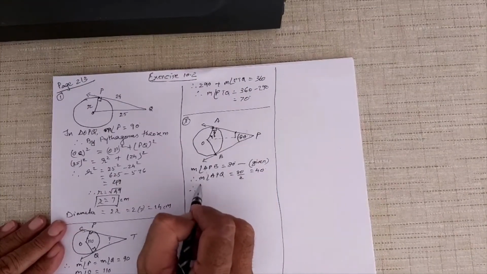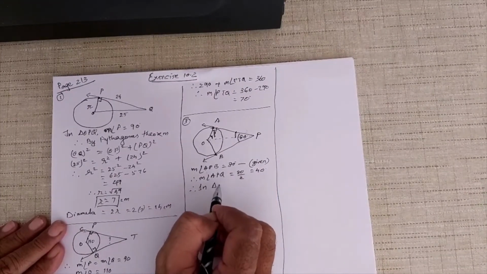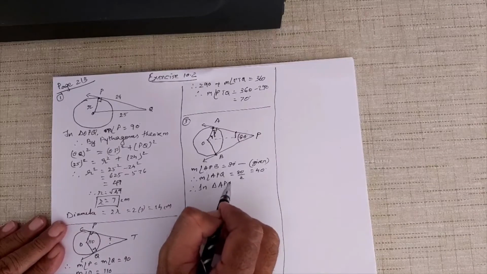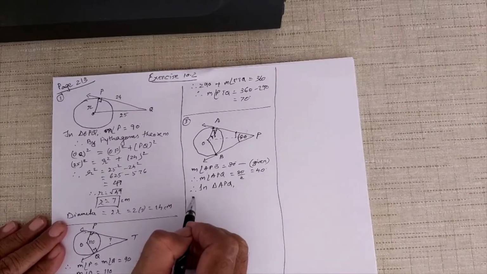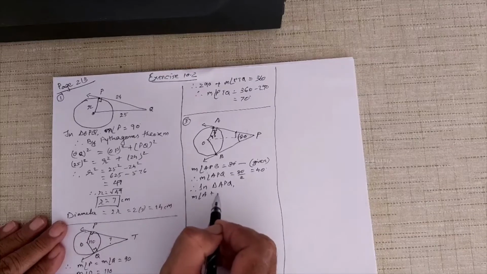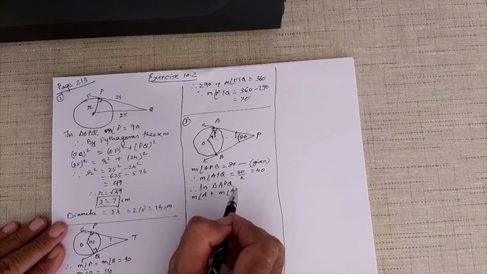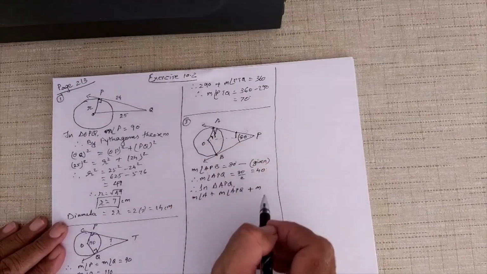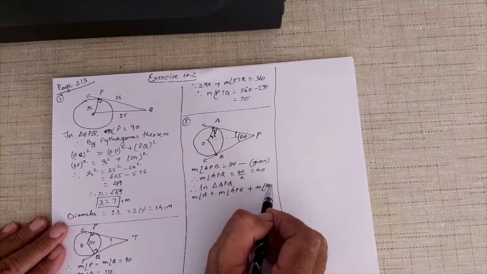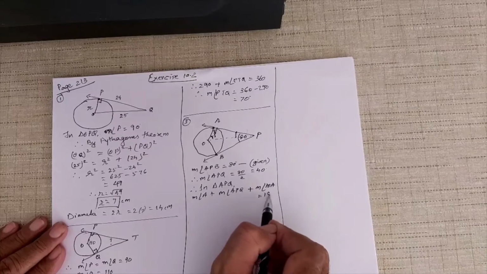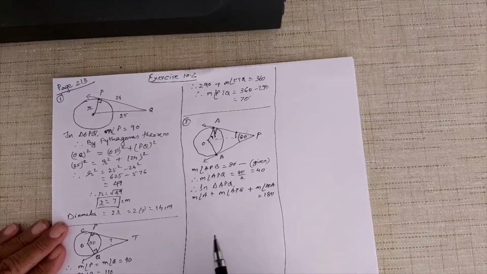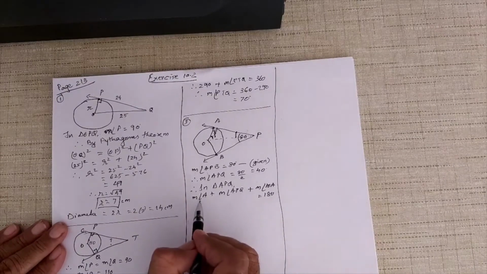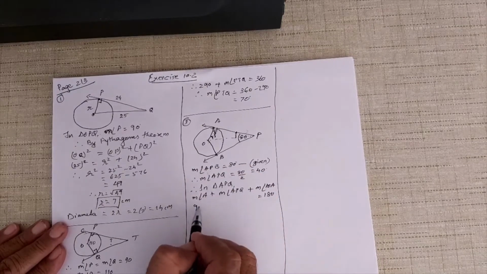So therefore, in triangle APO, the measure of angle A plus the measure of angle APO plus the measure of angle POA. In a triangle, the sum of all three angles is 180 degrees. Now, angle A is 90 degrees.